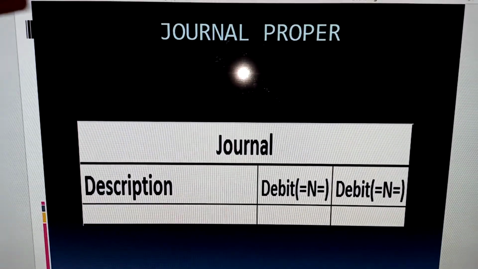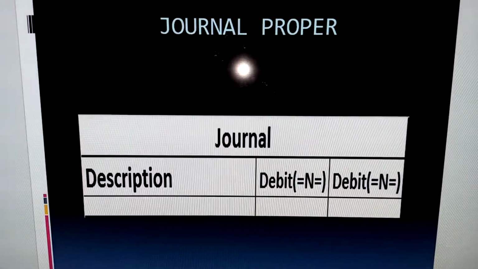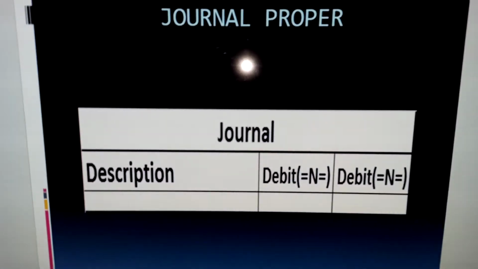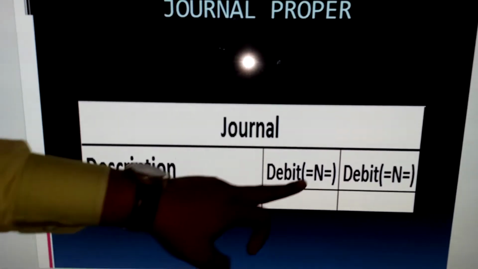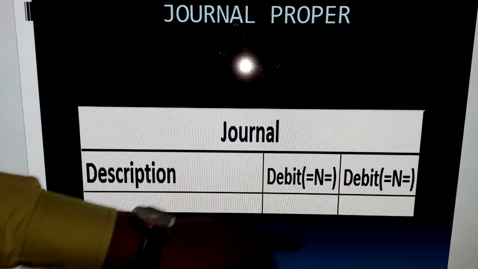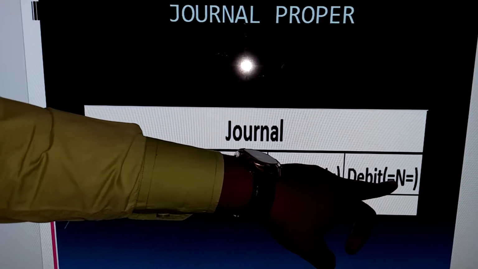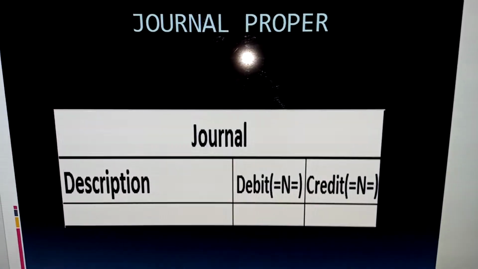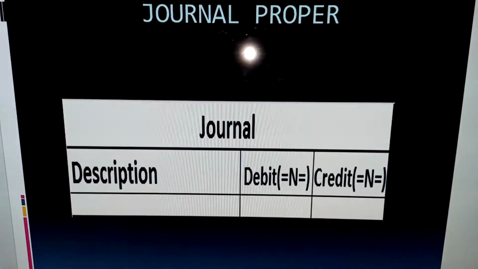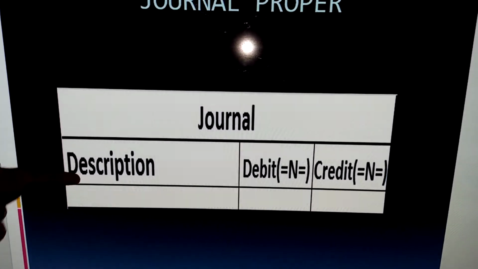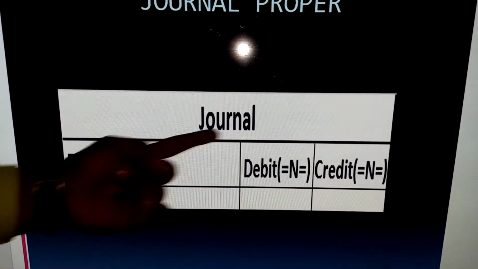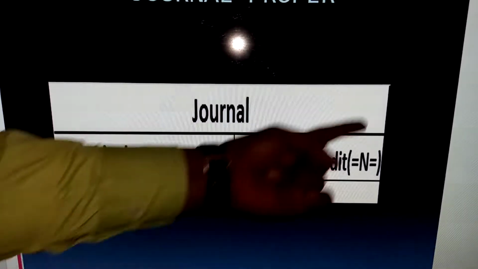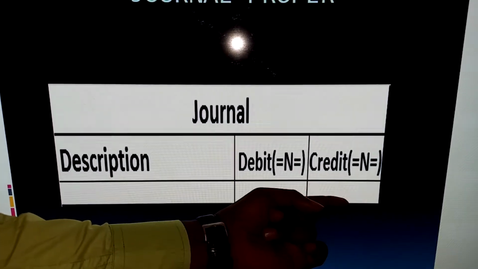Now this is how a journal looks like, journal proper. So we have the journal description here, item to be debited in value, item to be credited. As I was saying, the journal proper has the description of the transaction, item to be debited in value, and item to be credited in value.